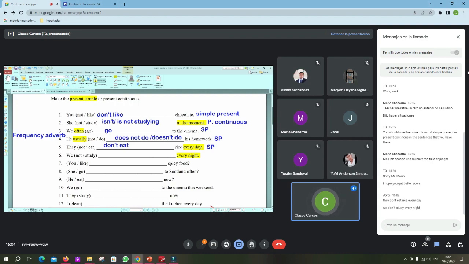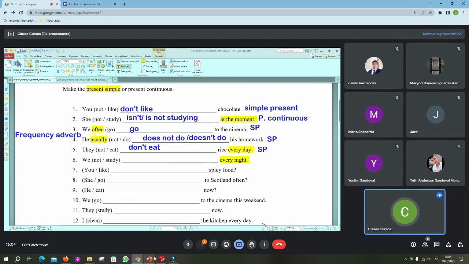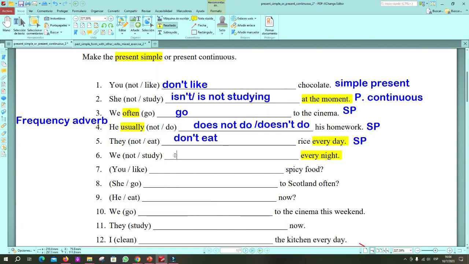Yes, Mr. Jordi, we don't study every night. So that is simple present also, right? So we don't study every night. That is the answer.